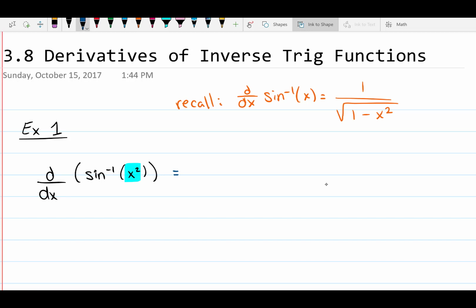So the derivative of sine inverse is 1 divided by the square root of 1 minus whatever is inside of the parentheses. So in this case it was x, and in this case it's x squared, quantity squared. Now what you need to do is use the chain rule by multiplying by the derivative of x squared. So again, we're taking the derivative of this whole inside piece.